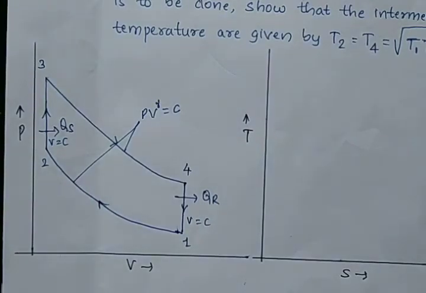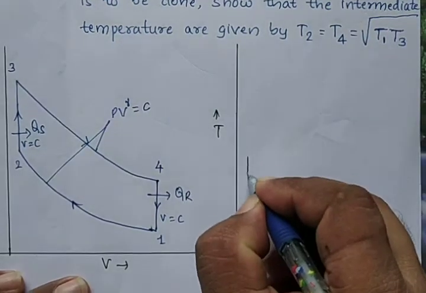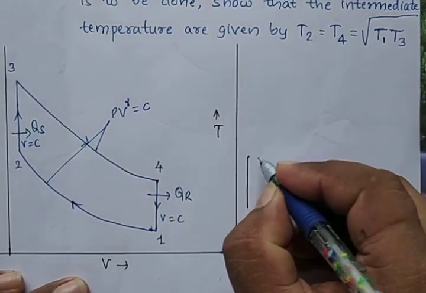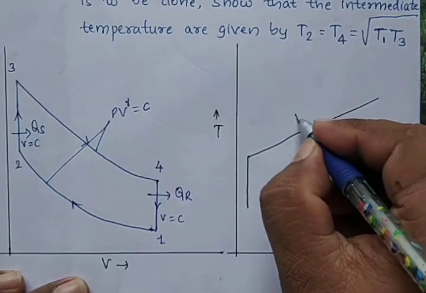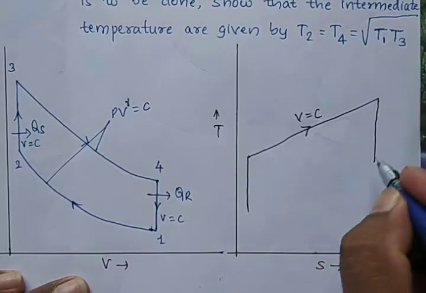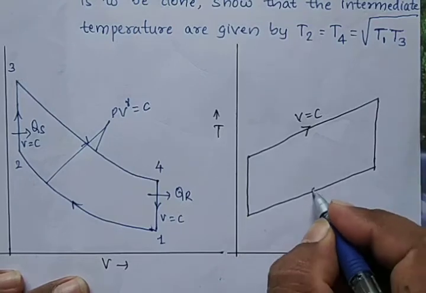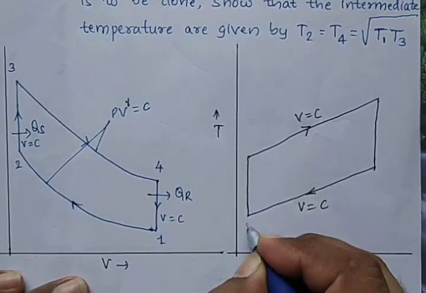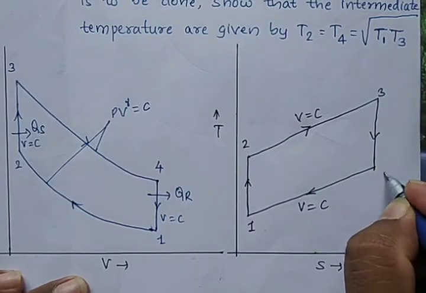Similarly, the TS diagram. So I will draw the TS diagram. Isentropic compression followed by heat addition at constant volume, then isentropic expansion, and then constant volume heat rejection. So 1, 2, 3 and 4.